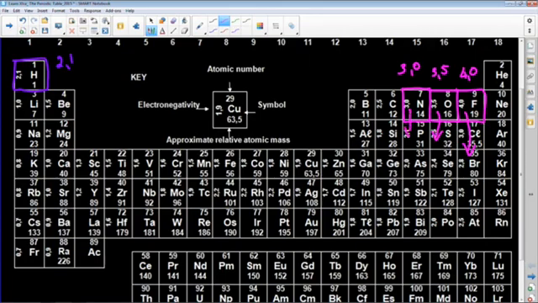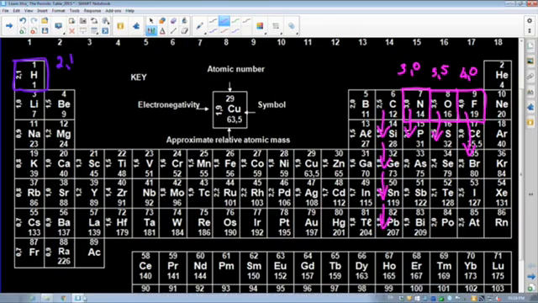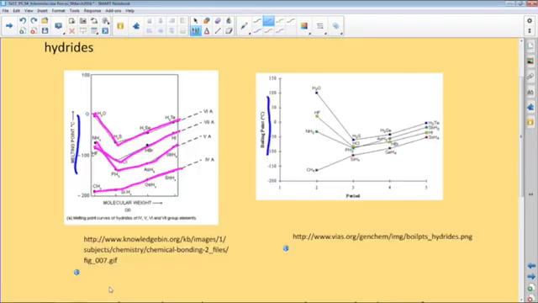NH3, high, but PH3, it dips. But C, Si, Ge, there is no dip. So this last one, there is a consistent trend. Here is our H2O at the top of one group, our NH3 at the top of the other, and our HF. Those three substances are different to the pattern because of their hydrogen bonding. So that is what happens with their melting point.